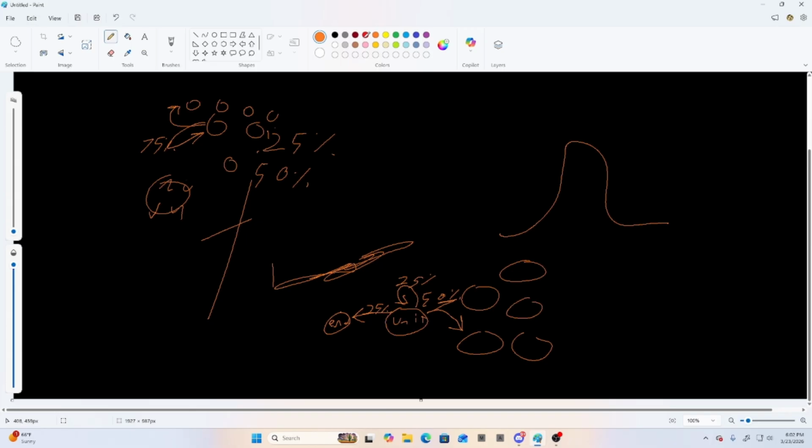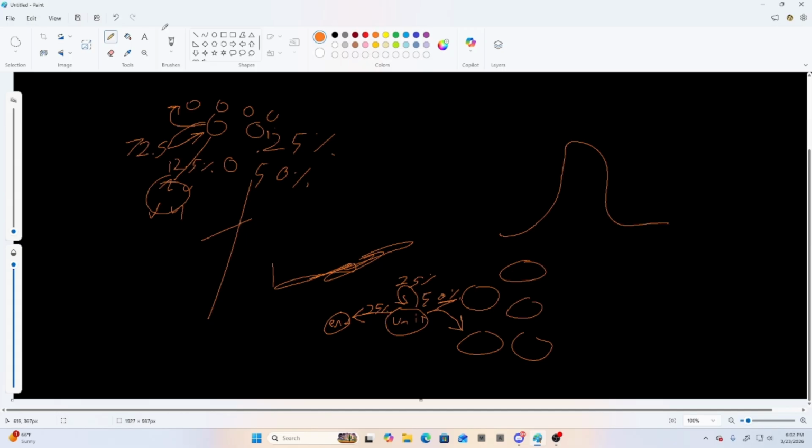Now, this isn't actually true, because there's also a chance that it dies, which means that it's probably closer to not 75, but 75 split, which would be, okay, so we have 75, let's remove the 50, that's 25, so that's a 2.5% chance that does this, and a 12.5% chance that does this.